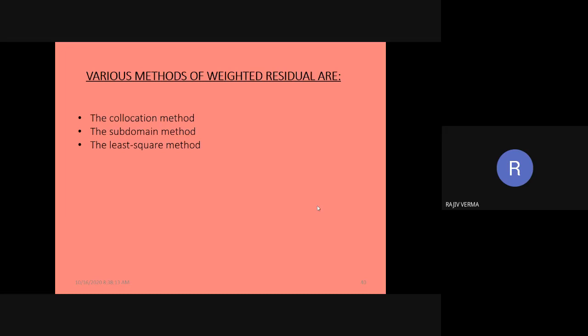And let these two unknowns be represented as a1 and a2. So let's assume that these two unknowns are named a1 and a2.